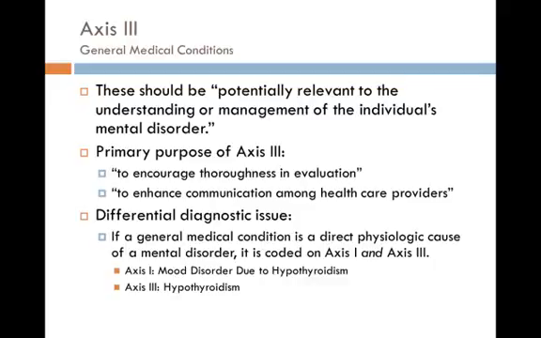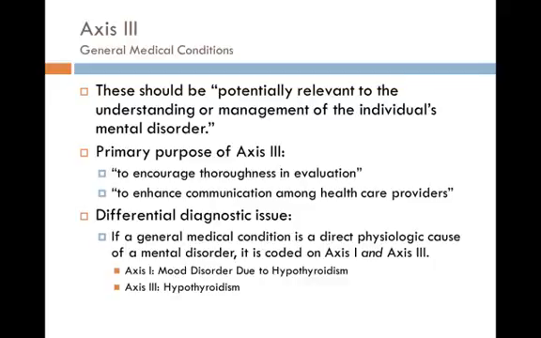And it also enhances the communication among healthcare providers so that one provider isn't understanding one's diagnosis from one perspective without giving total attention and consideration to the fact that there might be some medical issues or medical kinds of conditions that might contribute or be the cause of an Axis 1 or an Axis 2 diagnosis.